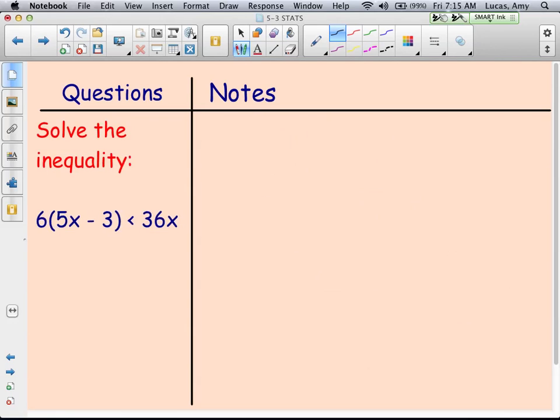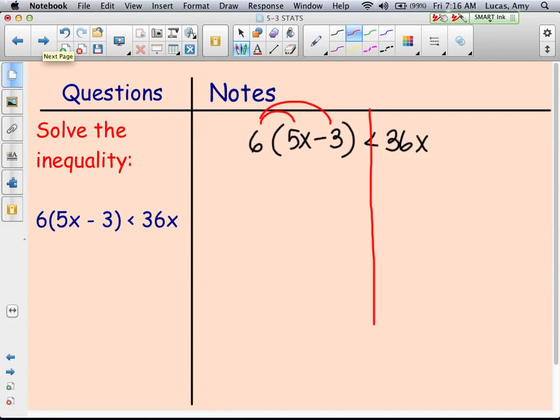Okay, now we're going to move into some problems with parentheses. Hopefully you remember that when we see parentheses in our equation, our first step is to distribute. So if I distribute the 6, I will get 30x minus 18. Multiply both terms by the 6.